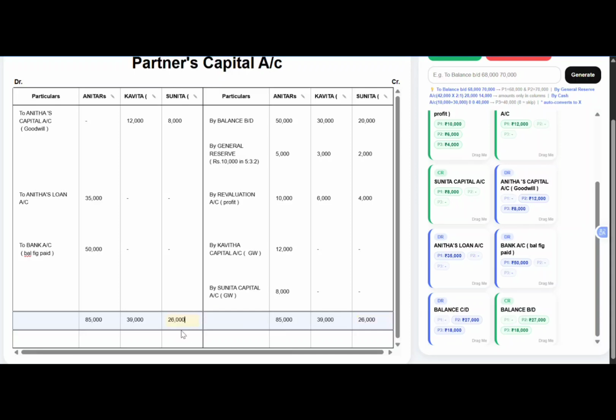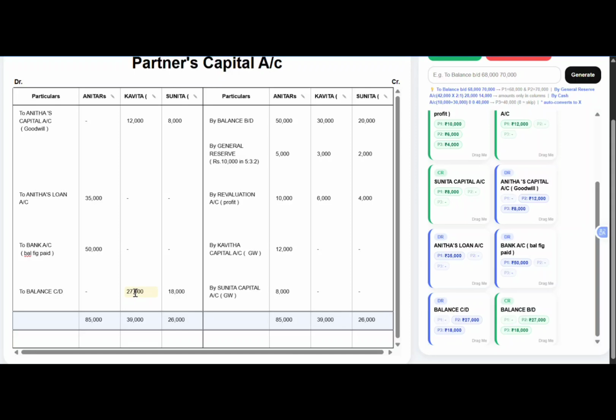To find the balance we deduct the debit side total 8,000 from this 26,000. So what will be the balance here for the partners? We write it on the debit side, as debit side is lesser, as two balance carried down, 27,000 for Kavita and 18,000 for Sunita.